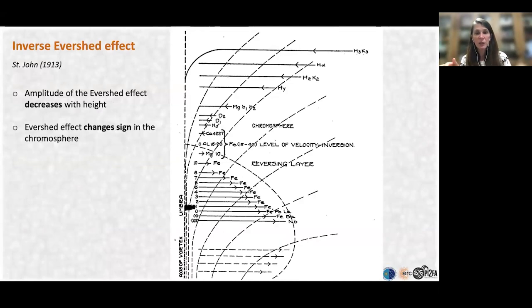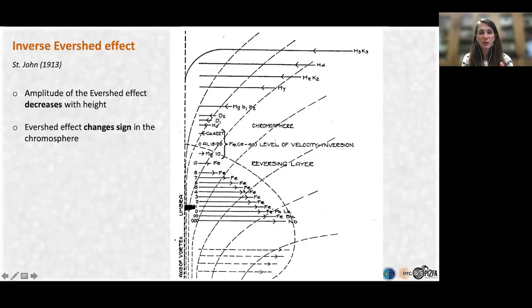In the photosphere, the material is moving outwards, as these arrows are showing, but as we move higher up, this Evershed effect stops and then it starts moving inside. So there is an outflow of material at the surface, but then in the chromosphere, 1,000 kilometers above, it's an inflow. I don't know if it has been explained up to date. But this is not what concerns me.